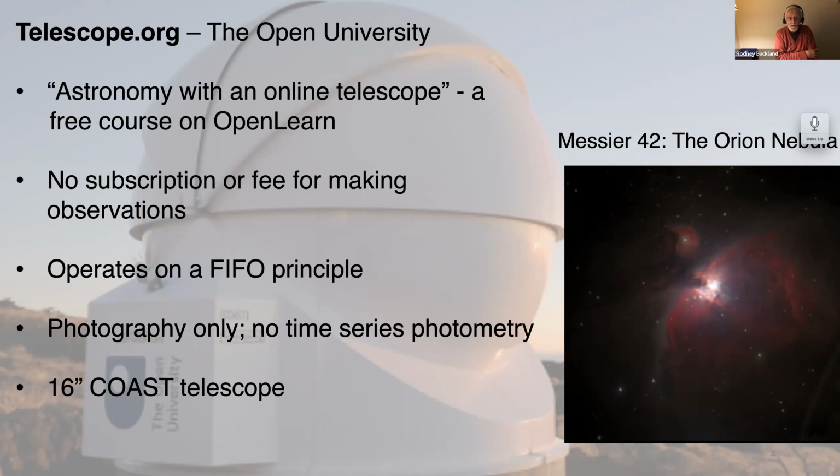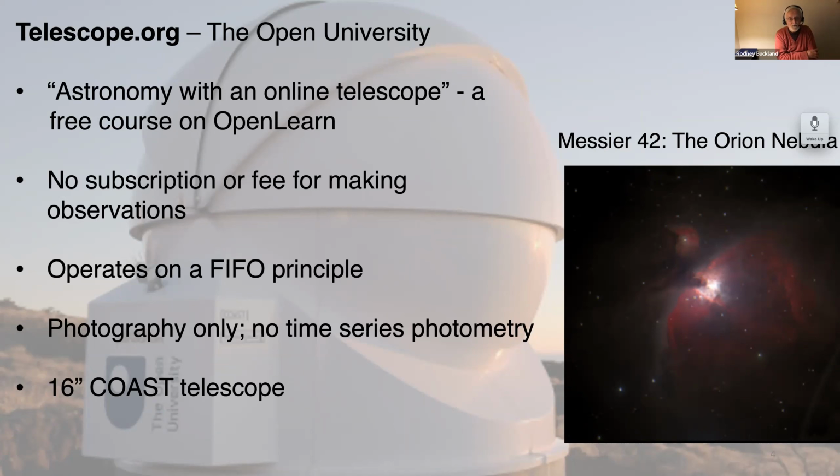So we have a short course called Astronomy with an Online Telescope. You'll find it on our very well-known free course website called OpenLearn. So if you go to OpenLearn, you type in Astronomy with an Online Telescope, you will be presented with a short course which you are required to take.